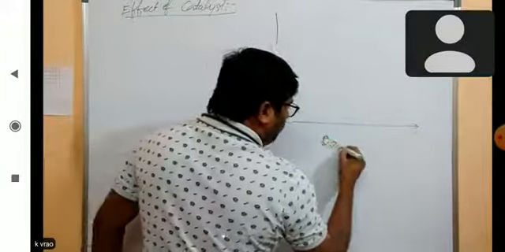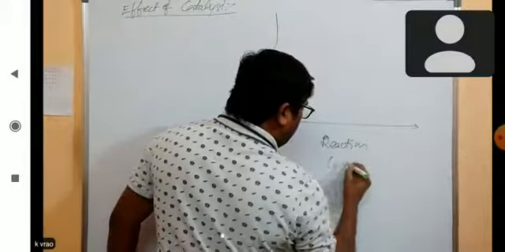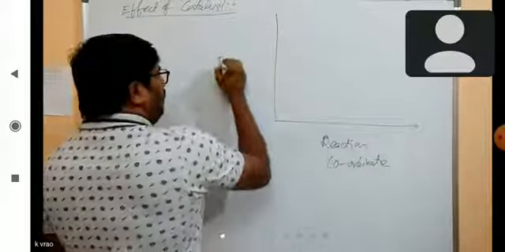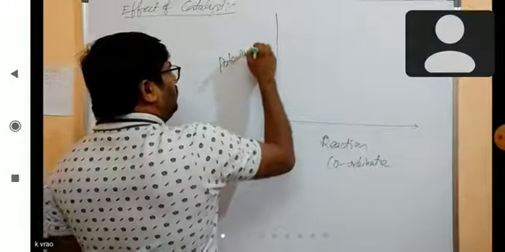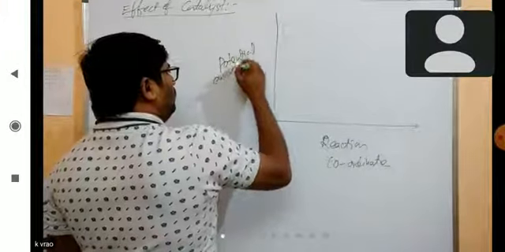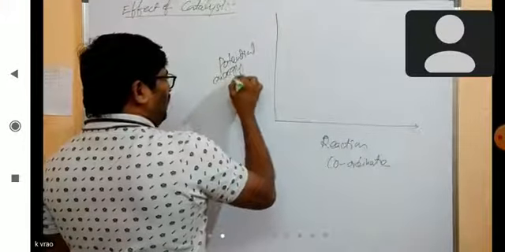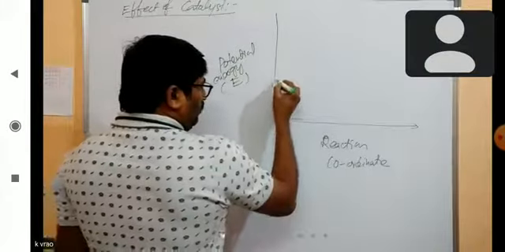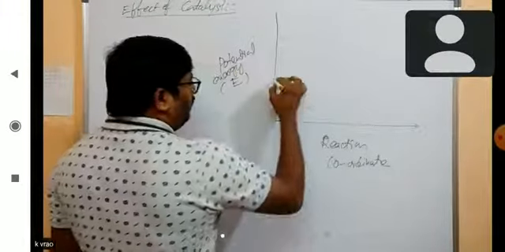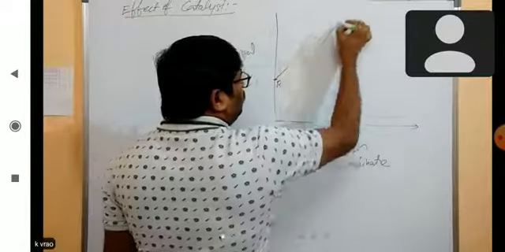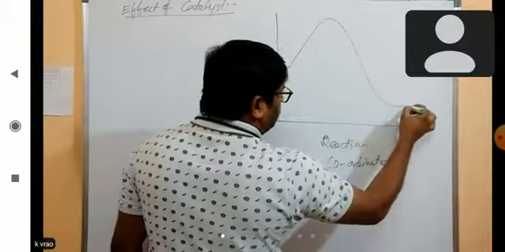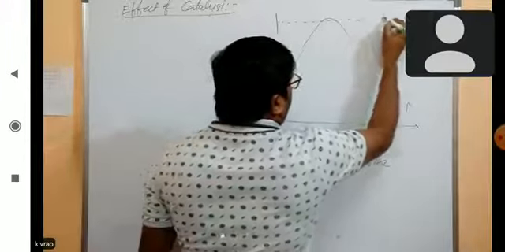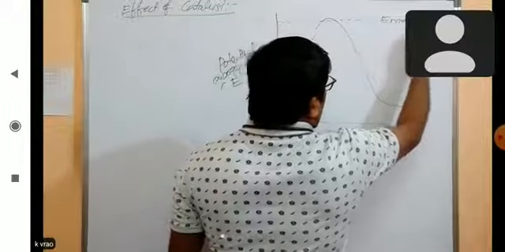Reaction coordinate versus potential energy. Let us say reactants are present here and reactants are converted into products. This is the reaction path. This is an energy barrier.